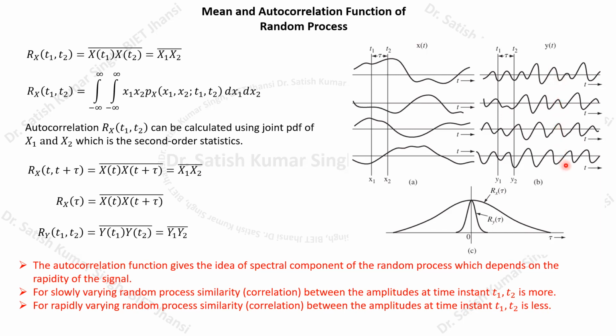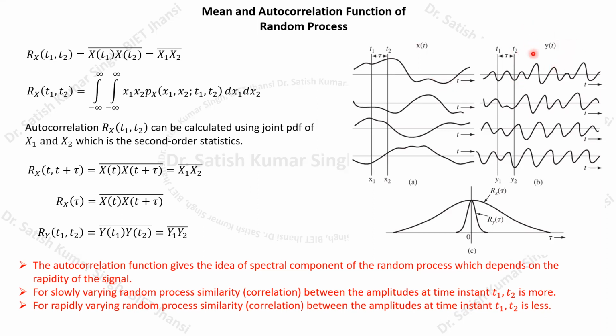When we calculate the autocorrelation function using this equation for various values of tau, one thing you can notice is that the rapidity of the signal in x(t) is less as compared to the signal y(t).